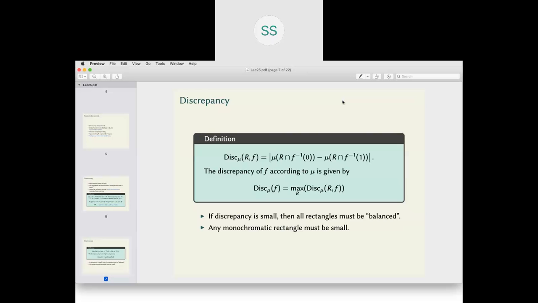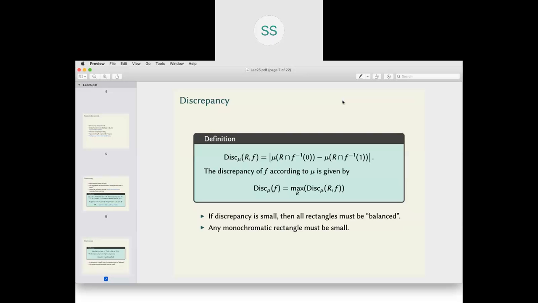balanced. One way to think about this is, don't think about strange distributions. Just think about the uniform distribution, right? So the measure is the same for all the entries. So the discrepancy is small. That means the number of zeros minus number of ones is small.